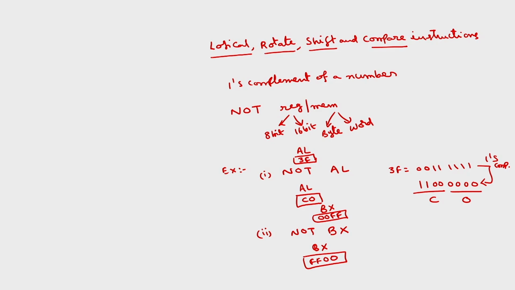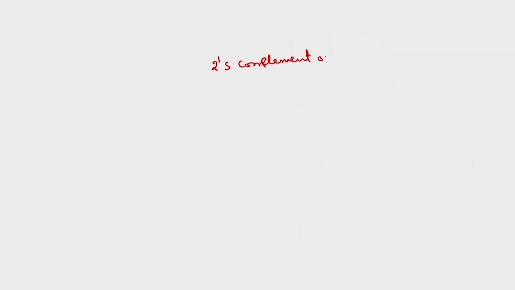Similarly, we have an instruction for the 2's complement. This is 1's complement plus 1. The instruction for this one is negate, NEG. NOT is for the 1's complement and NEG is for the 2's complement. The format is the same as that: you have to specify either register/memory. Register can be an 8-bit or 16-bit register, memory can be a byte or word.